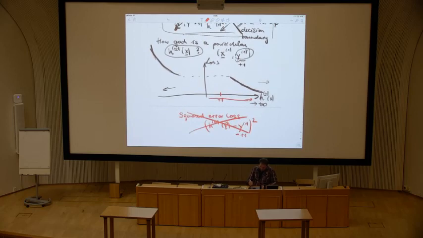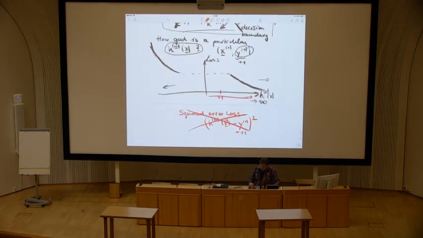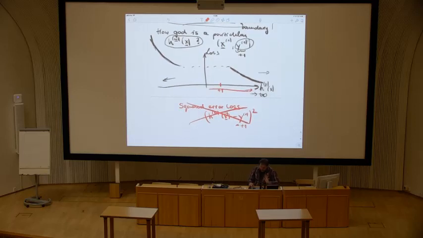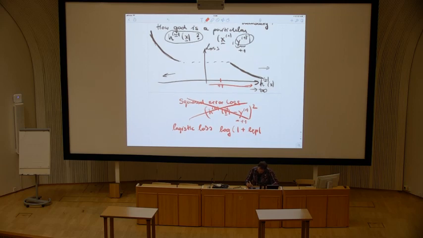Another option, which is related to the suggestion of the student who said exponential functions, is not directly the exponential function, but somewhat related, which is the logistic loss, which is log of 1 plus e to the power of minus h_w(x).